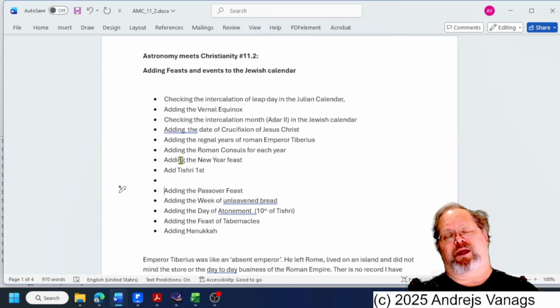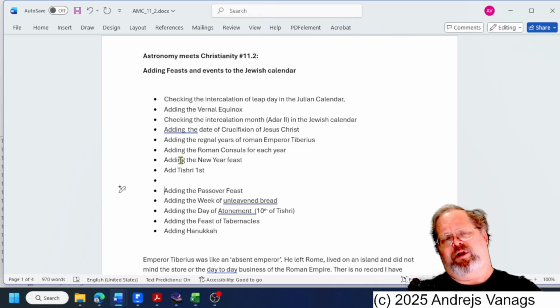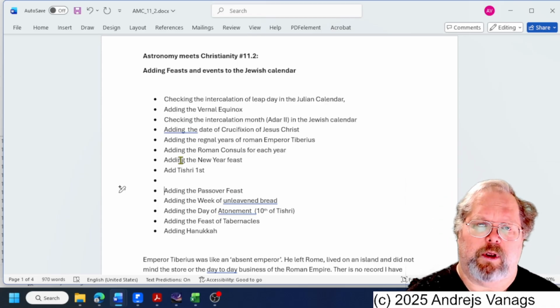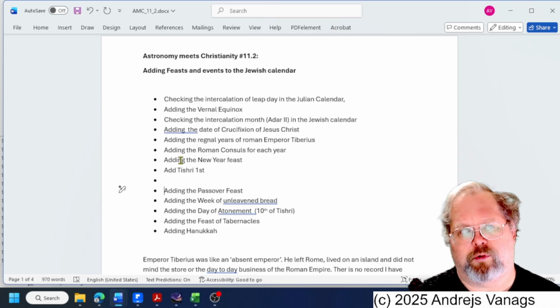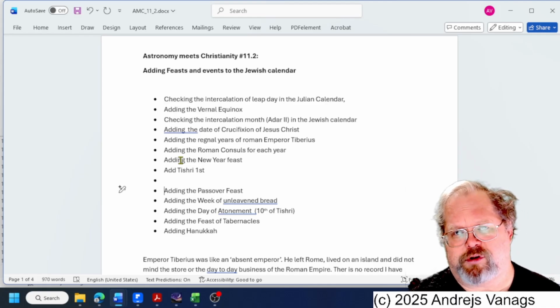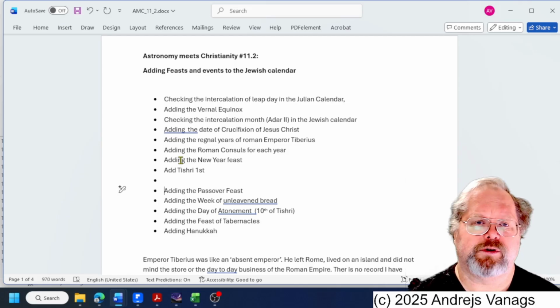Now, there are some days that are called holy or holy convocation, in which you're not supposed to work, you're supposed to celebrate as a holiday. And some other days are called the Sabbath, which is also a holiday. I used to think that they were essentially the same, but they're not. The Sabbath has additional restrictions.